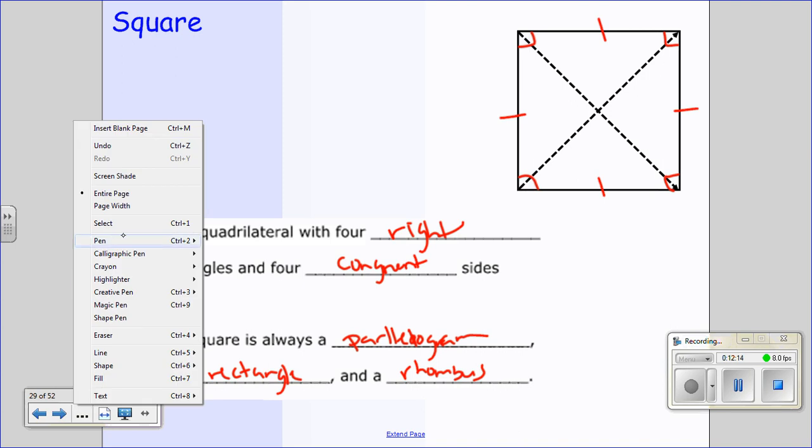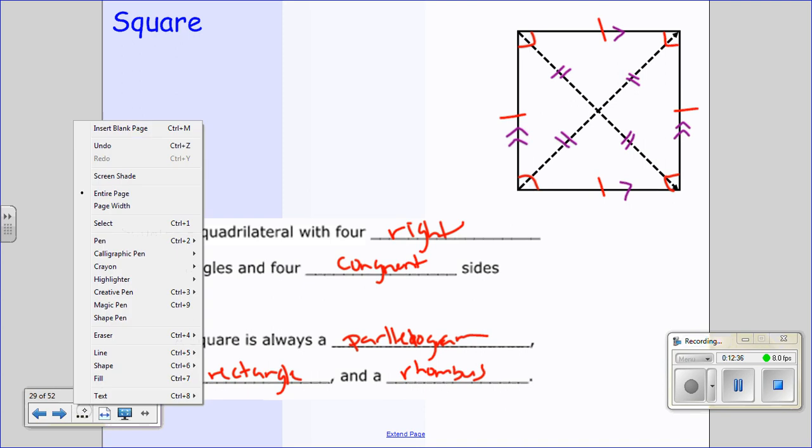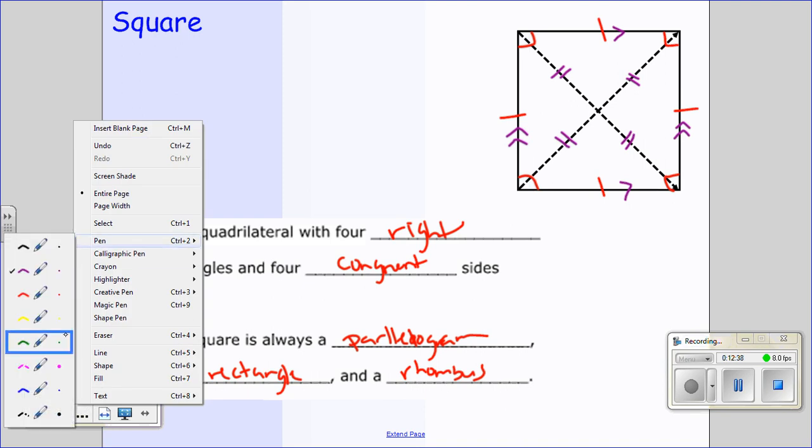So you can mark up the picture or just remember that these sides are parallel. These diagonals are congruent. The diagonals are perpendicular.